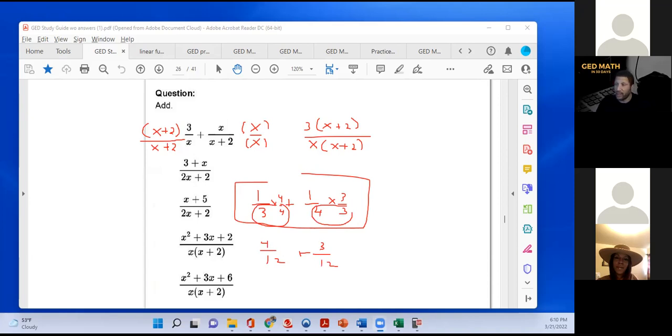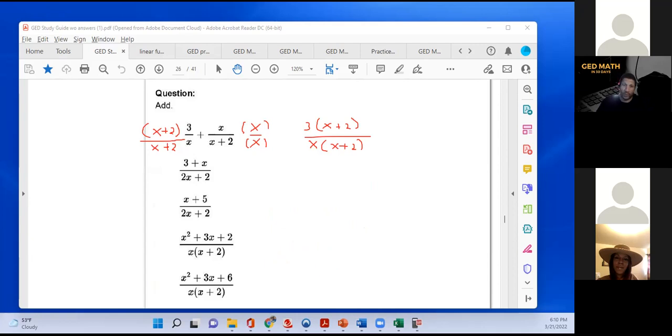So what we're doing here is the same thing. Let me change the color. We're multiplying top and bottom by the other denominator, X plus 2. So we have 3 times X plus 2, and on the bottom, you have X times X plus 2.